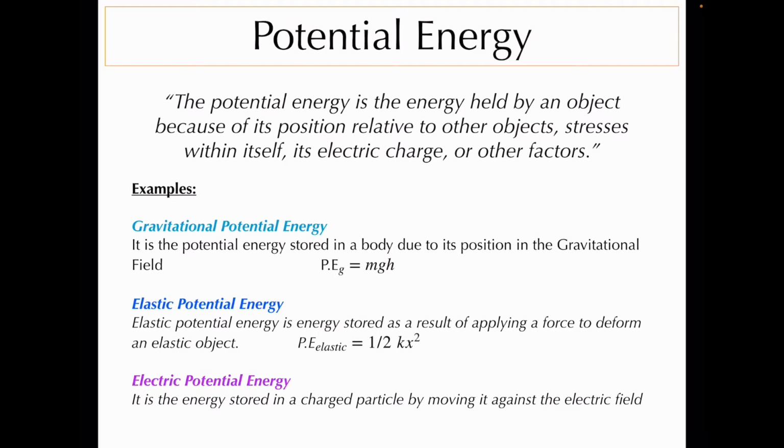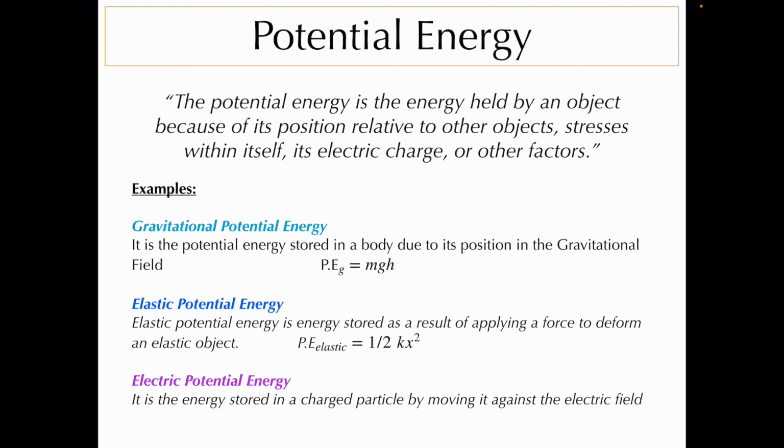And then second is elastic potential energy, which is the energy stored as a result of applying force on an object to deform it, for example by pulling or twisting a flexible object. Its formula is PE_elastic, to differentiate it from the other types of potential energies.